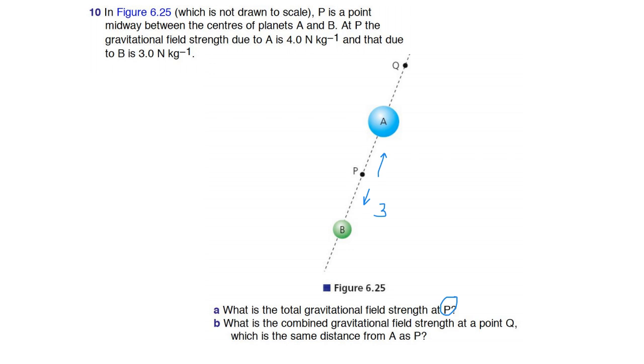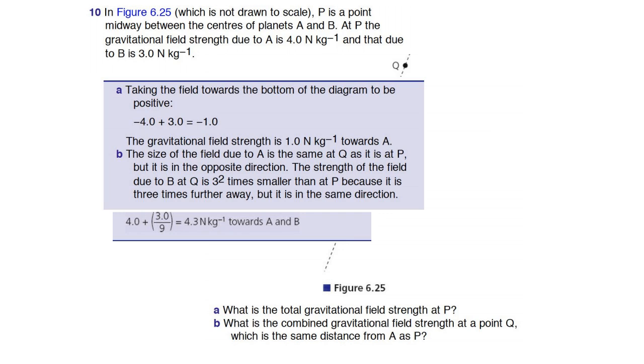And we'll leave part B for now. Okay, so just work out the gravitational field strength at P. Hopefully you got -1. If you decided to choose +1 because you used a different polarity, a different convention, then your answer is still correct.